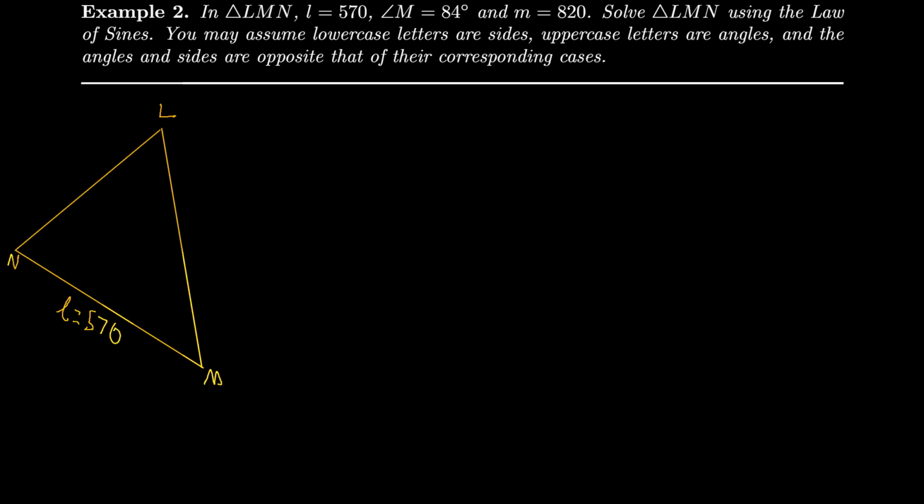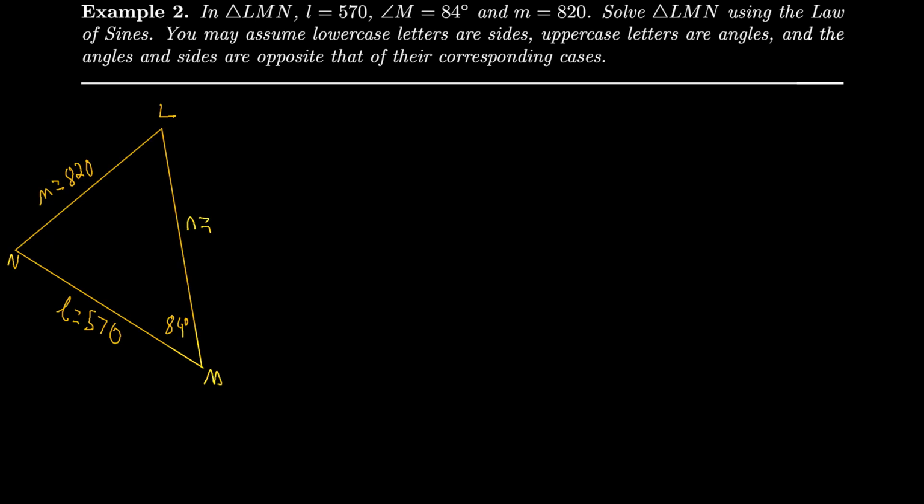Angle M is 84 degrees. And little m is 820. So we're asked to solve for the remaining parts. We want angle L in degrees, angle N in degrees, and side little n, whatever that is.